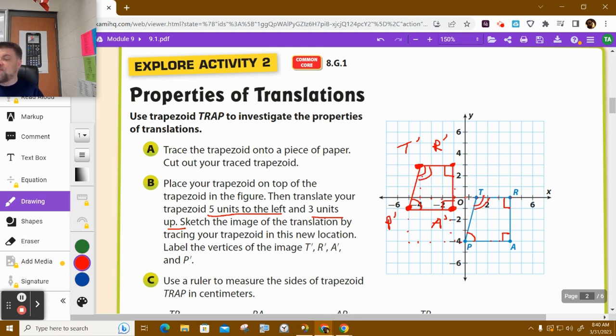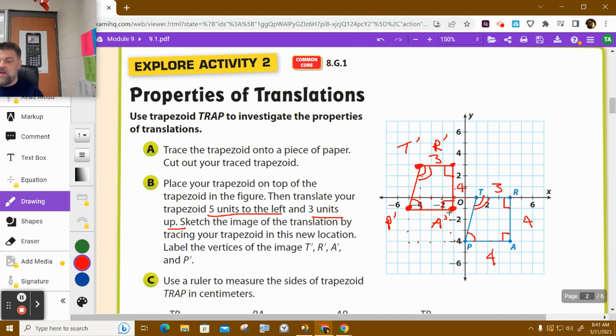And if you measure the length, well, you don't have to measure the length. You can count the units. From here to here is how many units? 3. From here to here, it's 3 units. If you count this one, it's 1, 2, 3, 4. From here to here, it's 4. If you count this one from here to here, it's 1, 2, 3, 4.